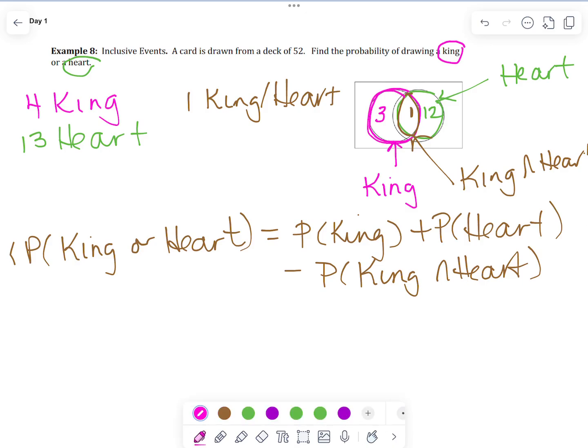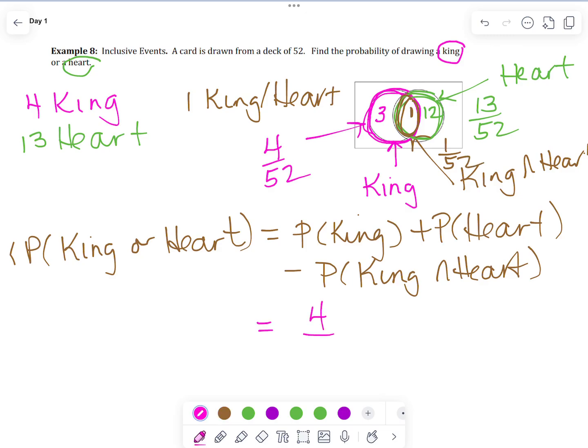So our pink circle's probability is 4 out of 52. The green circle, there are 13 hearts out of 52 cards. And then the overlap here in the brown is 1 card out of 52.